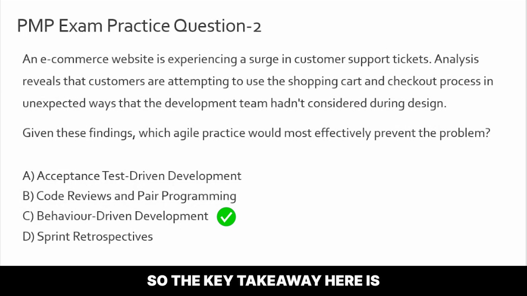So the key takeaway here is that in a scenario where we are dealing with user behavior misalignment, we need practices that put user behavior at the forefront of our development process, right? So BDD does exactly that by making behavior specification a core part of the development process rather than something we test for, review and correct after iterations.